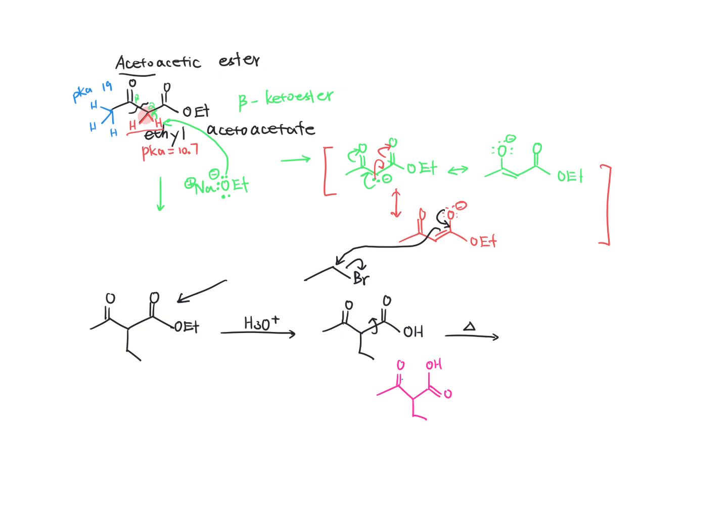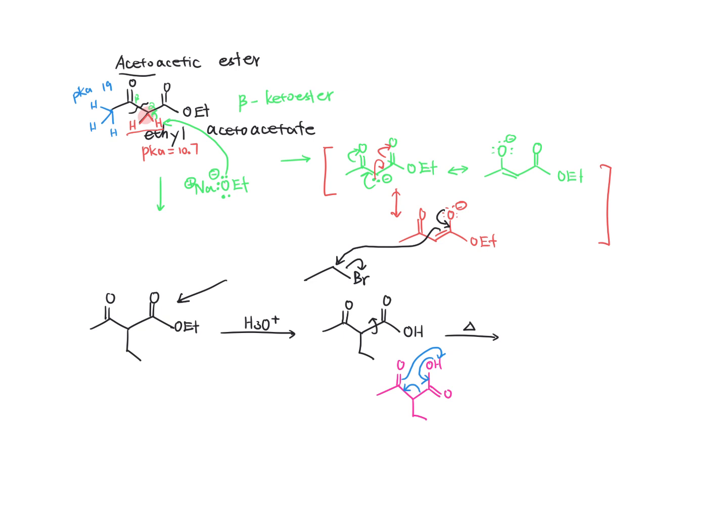So this is going to grab this hydrogen, and the bond between oxygen and hydrogen will go down to form a carbon-oxygen double bond. At the same time, this bond will break to form a double bond between the two carbons.